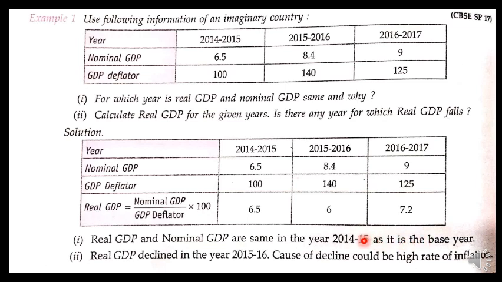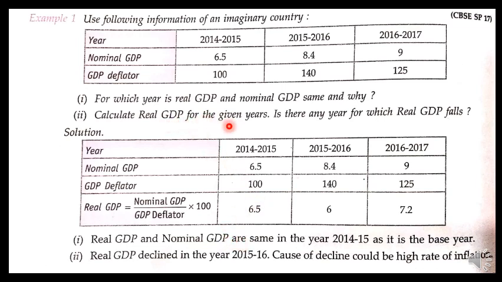Since it is the base year, the nominal and real values for that same year's output level is same on account of it being the same year with the base 100. So the GDP deflator is 100 here, and hence you find that the two values will be same. So the first question is answered here, and so we go to the next question.